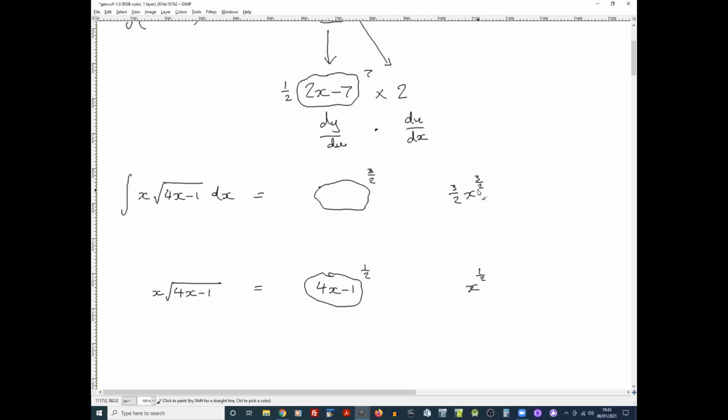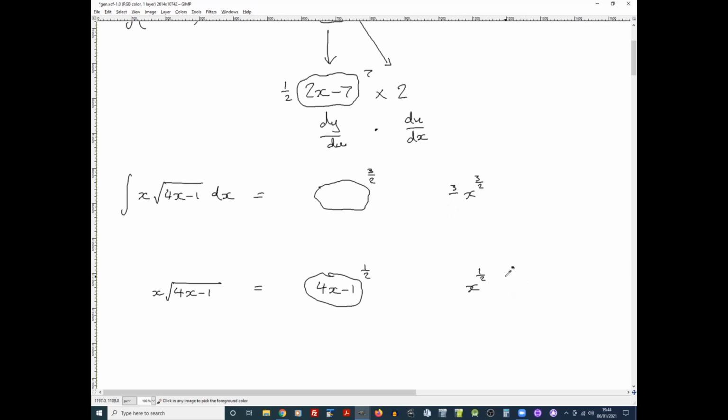So you'd get x to the half, and then, oh no, it would be 9 over 4. You would multiply those first and then reduce the power by 1. So you'd have 9 over 4, so that didn't quite work.